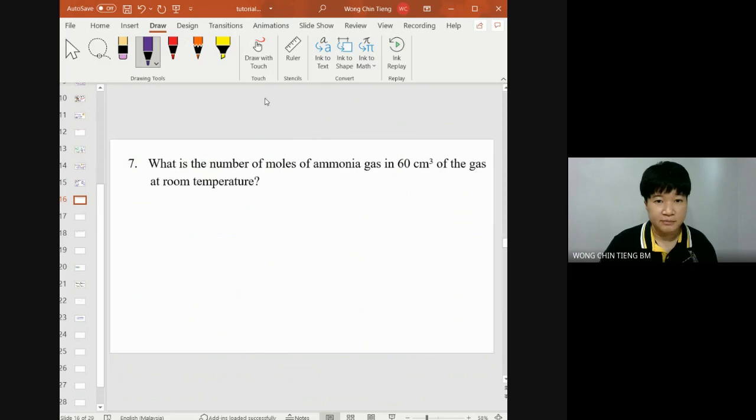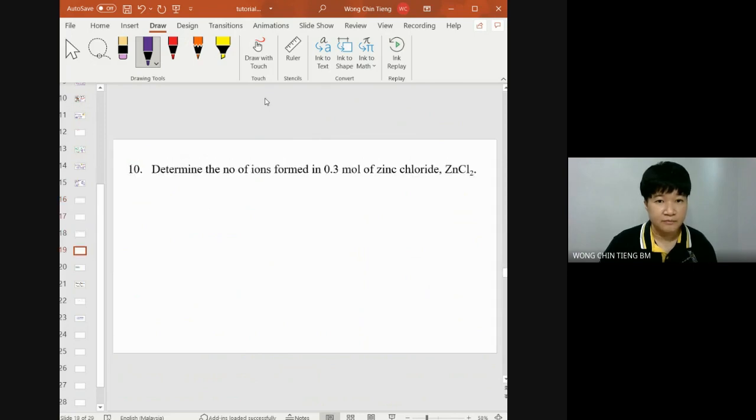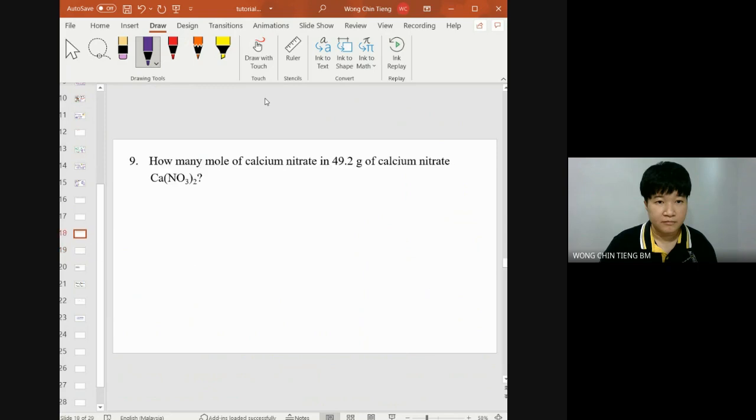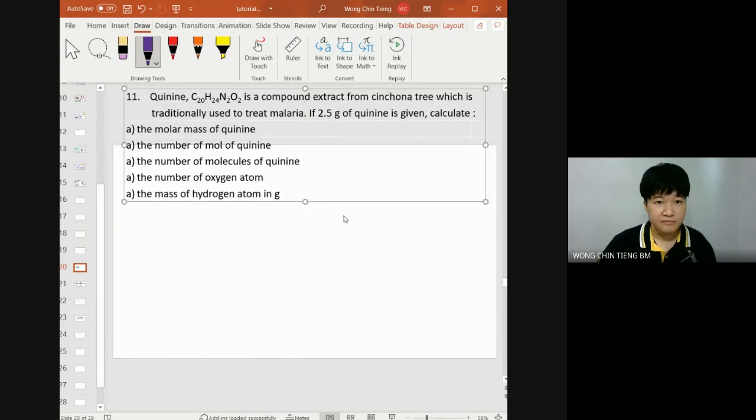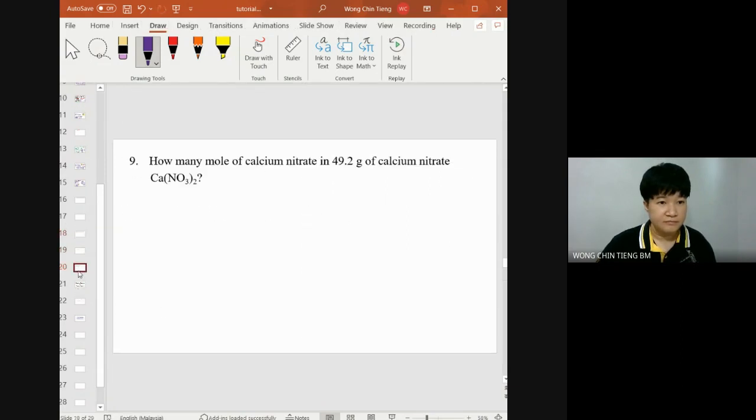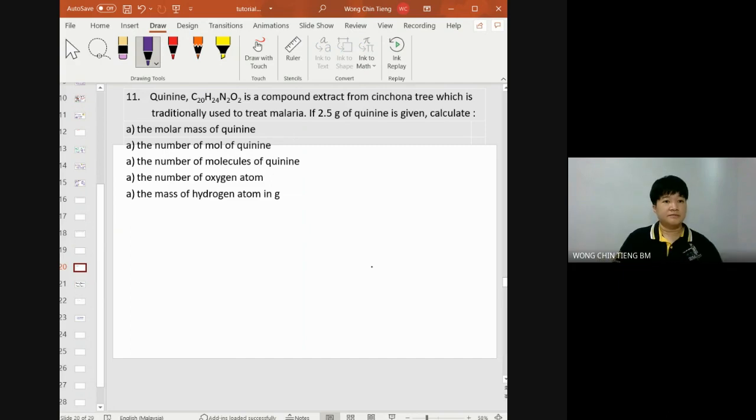Dan soalan 11. Senang. Soalan A saya nak jawapan molar mass, please.